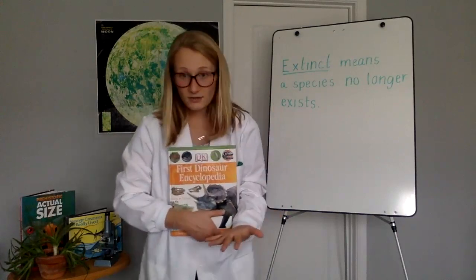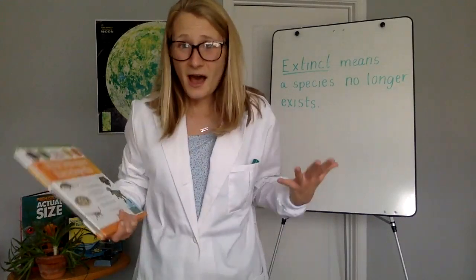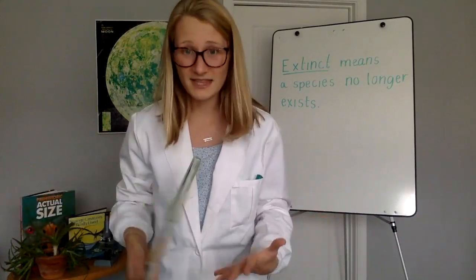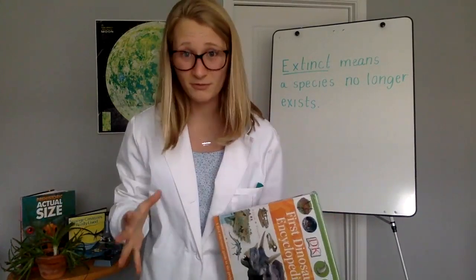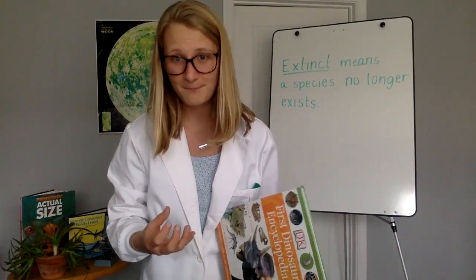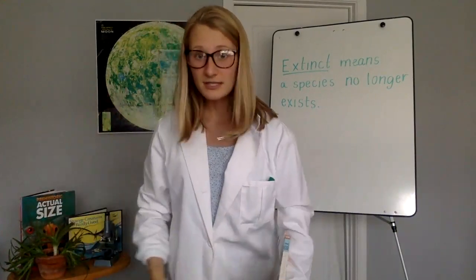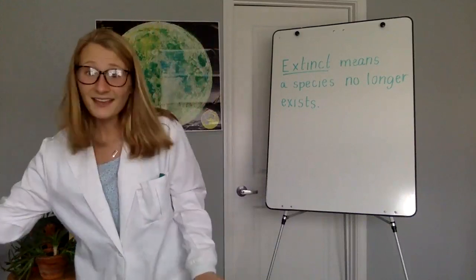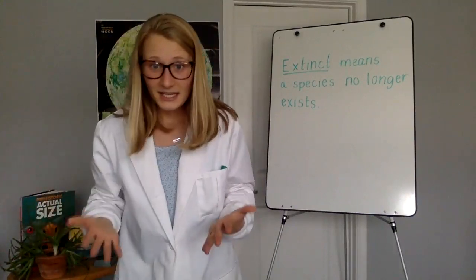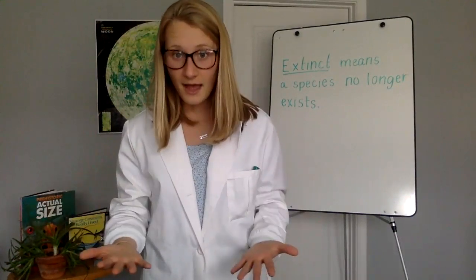Now, dinosaurs have gone extinct because so many massive things happened that made it impossible for them to stay alive. They didn't even have the chance to adapt. But here's the thing. Other living things, things that grow and reproduce, they adapt. They have characteristics that help them to stay alive.